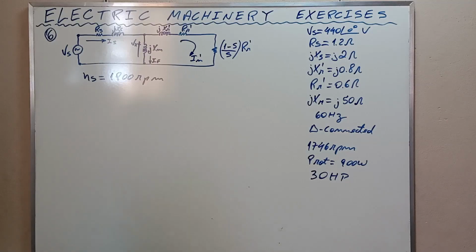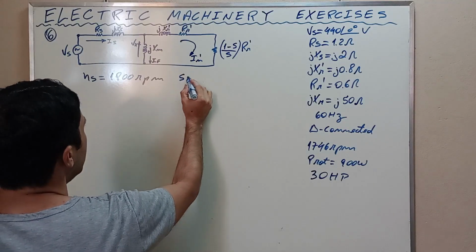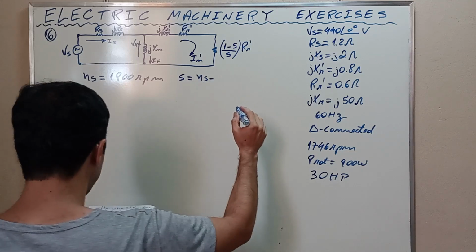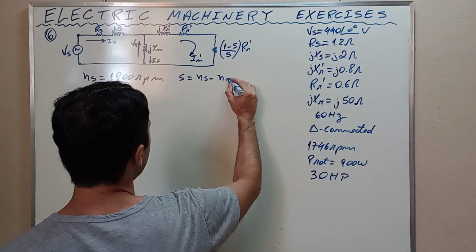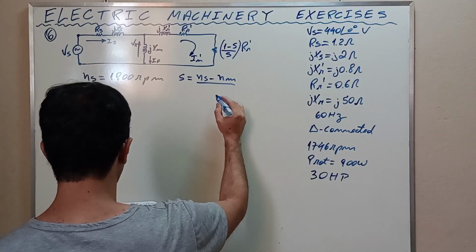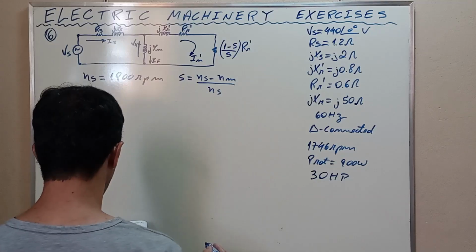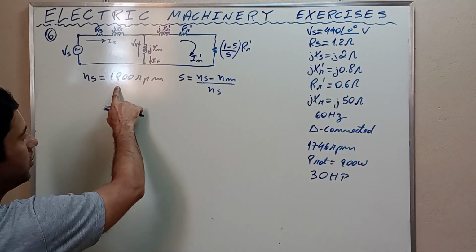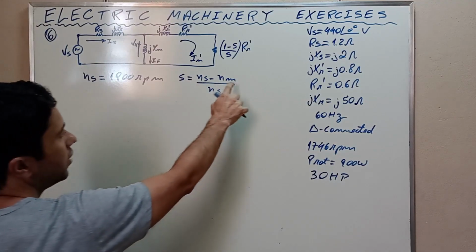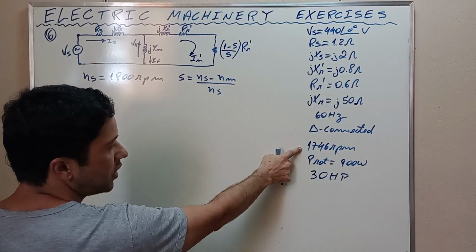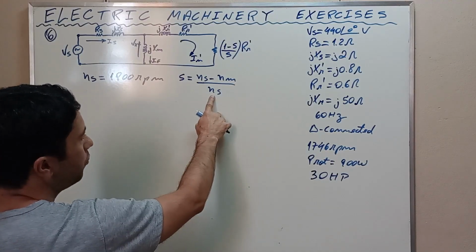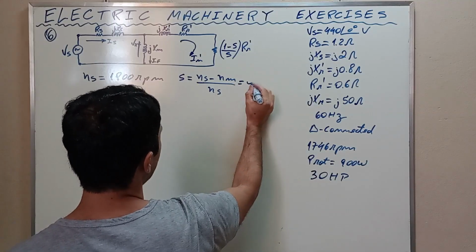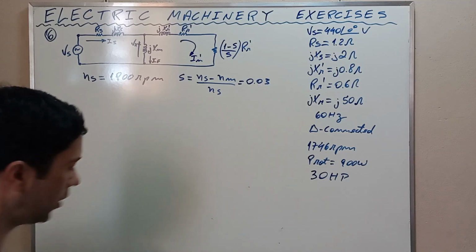The slip is equal to the synchronous speed minus the working speed, divided by the synchronous speed. In place of the synchronous speed I put 1800 RPM, in place of the working speed I put 1746, and here I put again 1800 RPM, and then we find a slip equal to 0.03. Okay?